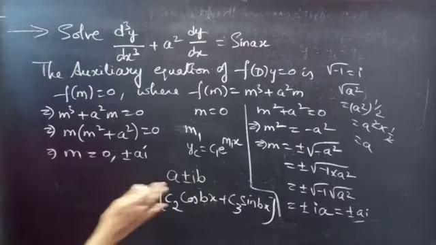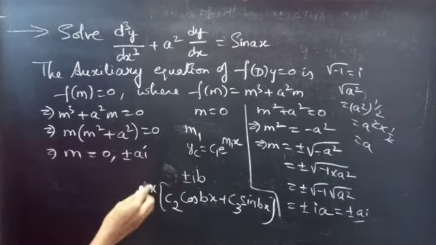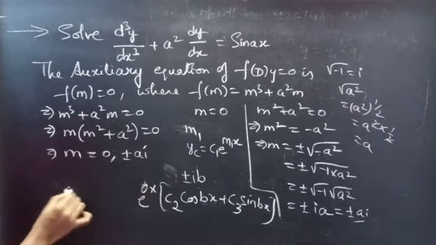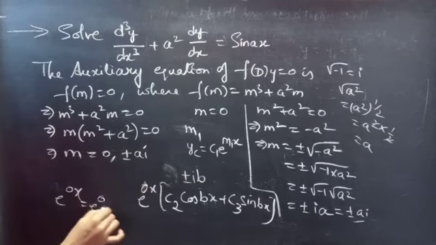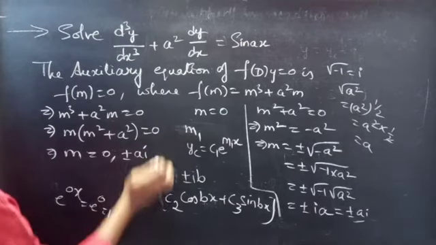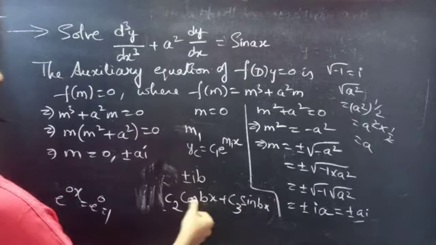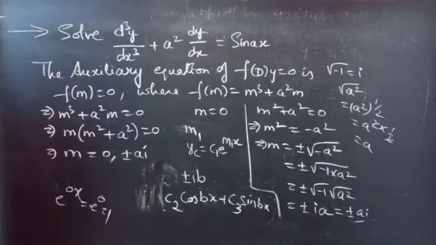But in our case, the real part is 0, so we'll get e power 0x. Since e power 0x equals e power 0, which equals 1, we'll get only c2 cos bx plus c3 sine bx.